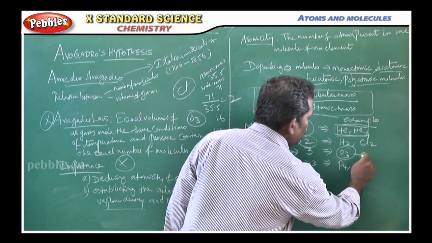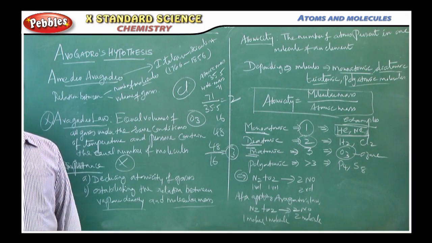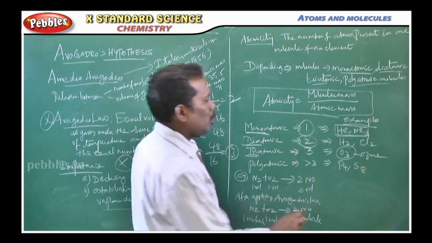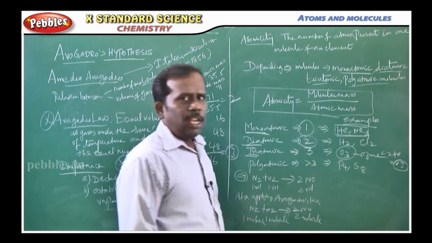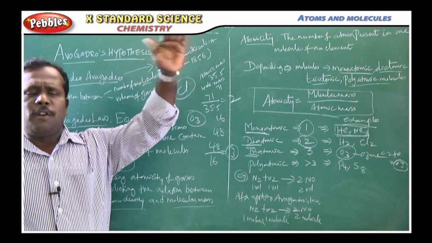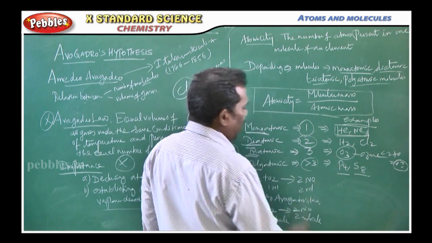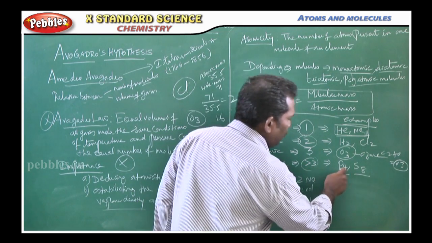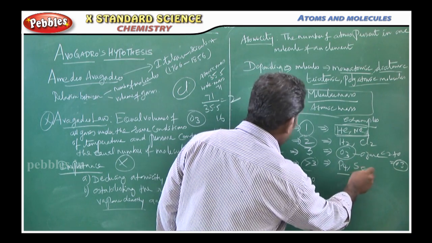O3 is ozone: oxygen combined with O2, O2 plus O, forms O3, the ozone layer. These ozone layers are naturally formed in the atmosphere. Polyatomic means the number of atoms per molecule is greater than 3, such as P4 and S8, phosphorus 4 and sulfur 8.